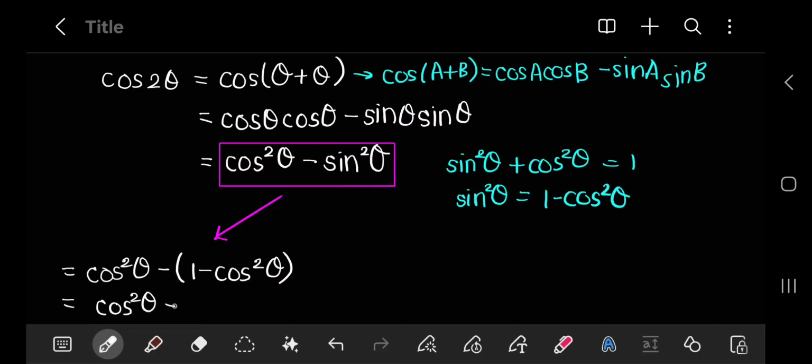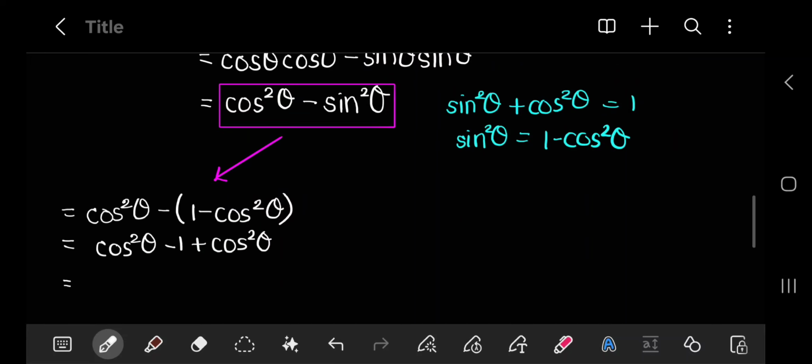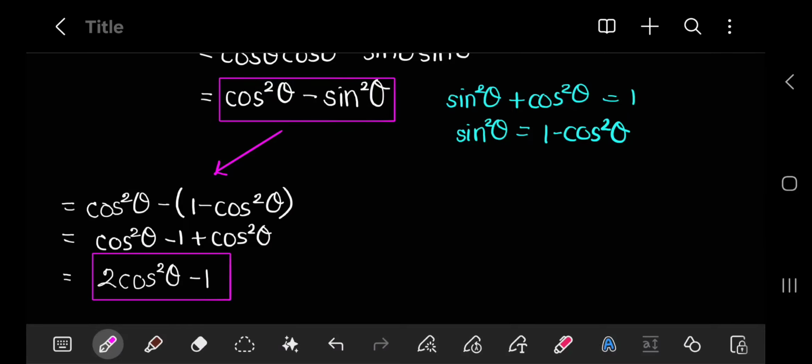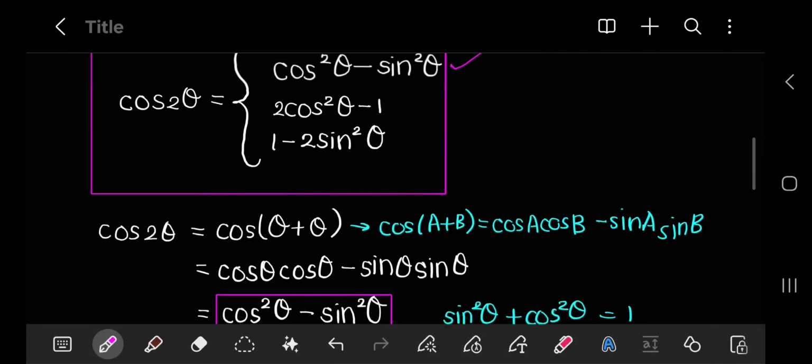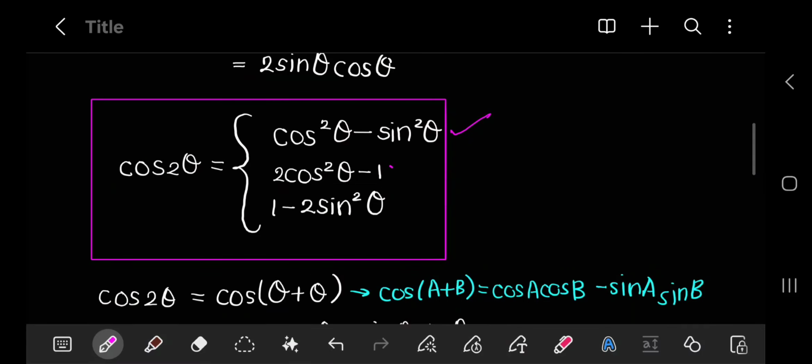So we have negative 1 plus cos squared theta. We are now going to gather like terms. So cos squared theta plus cos squared theta is 2 cos squared theta minus 1. Notice how this now matches that second expansion.